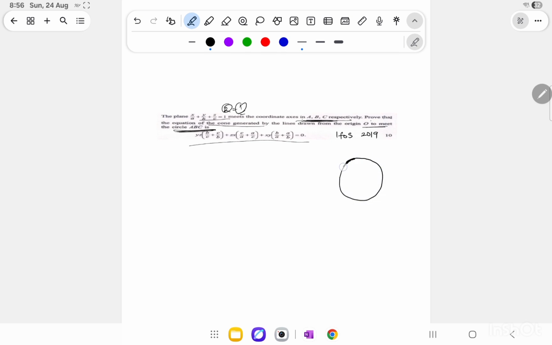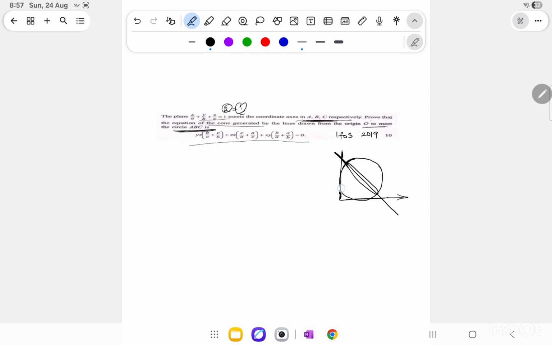We are supposed to prove the equation of the cone generated by, so here they have given the equation of, you can find out the equation of sphere OABC, and the given plane is ax plus by plus cz equals to 0. So if this is, let's say, our sphere, this will be basically the equation of plane. So this is a guiding curve.